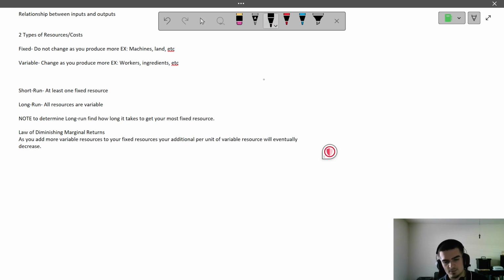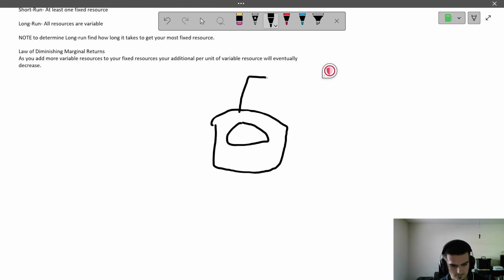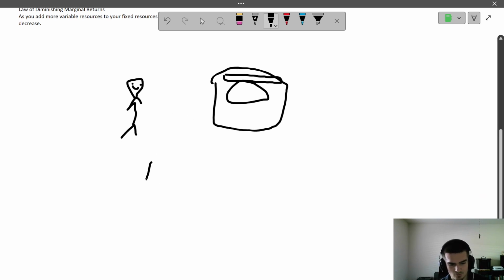So that basically means if you have one oven and you have one worker, maybe that worker can make one cake an hour.